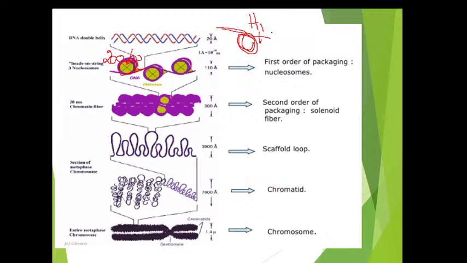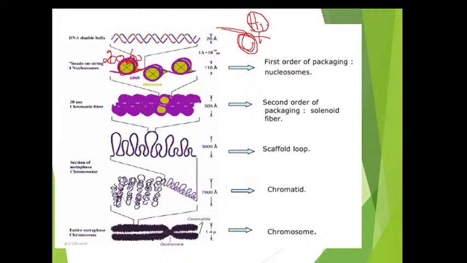And actually the function of H1 is that this DNA is locked by this H1 protein. That is the significance of H1. Hope it's clear. One histone is found outside the core.